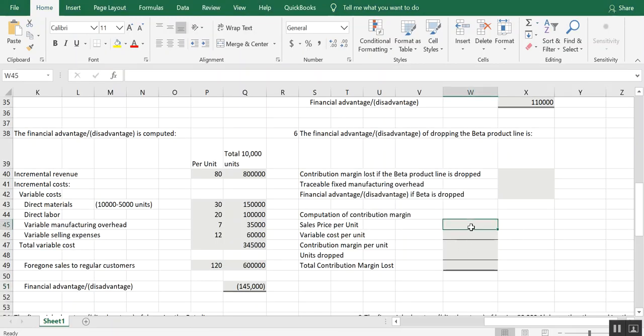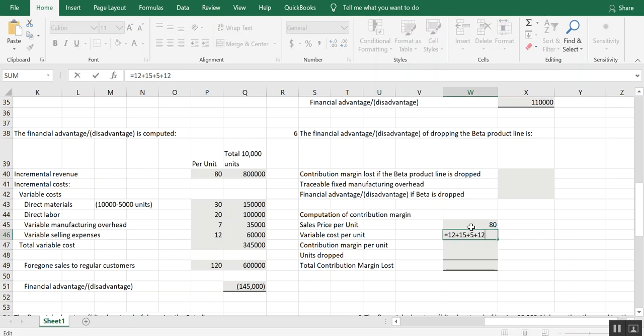Now I'm going to start here because we want to calculate the contribution margin for these beta units. So we start with a sales price of $80. The variable cost is going to be the sum of the $12 of direct materials, the $15 of direct labor, the $5 of variable manufacturing overhead, and the $12 of variable selling expense.